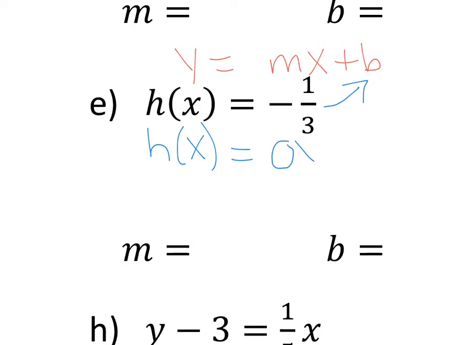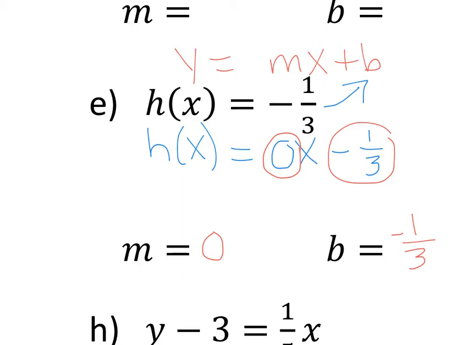So we can say that it's 0 x's minus 1/3. So our slope in this case is actually 0. Our y-intercept is -1/3. So if there's no x term, our slope is 0. If there's no constant, as in the previous example, our y-intercept is 0.